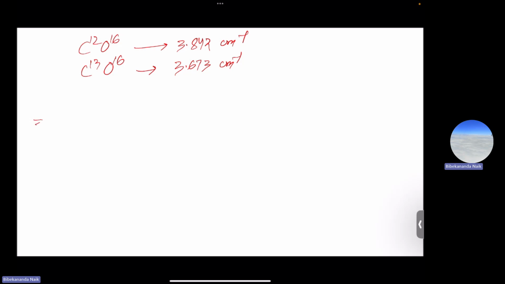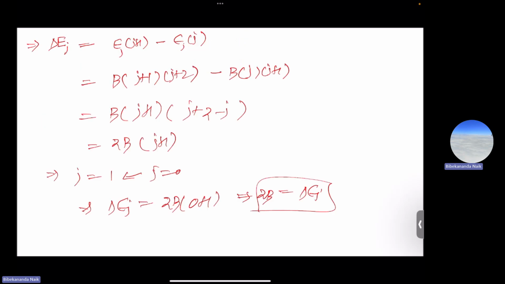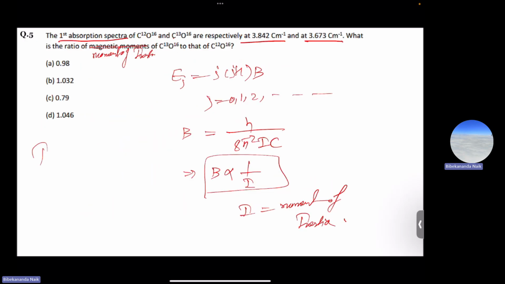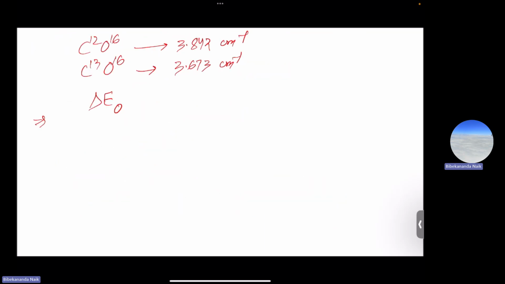The energy change for J equal to 0 to J equal to 1 transition, because here it is given as first absorption spectra. So for first absorption spectra, the transition is J prime to J, 1 to 0.